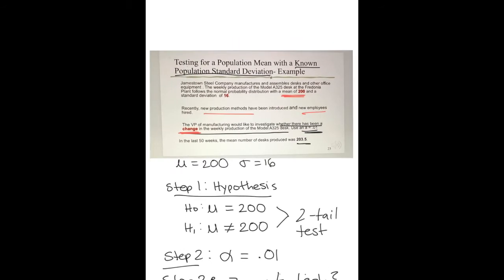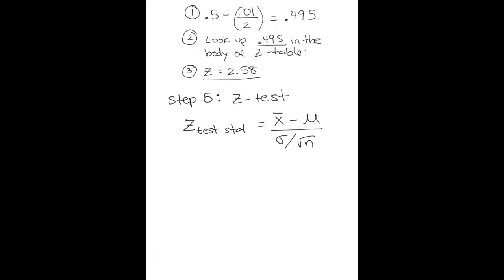So what are we told in this problem? We're told here that x bar is 203.5, that mu is 200, and sigma is 16. And we're told that we've been in production for 50 weeks, so n is going to be equal to 50. So let's put in our values here.